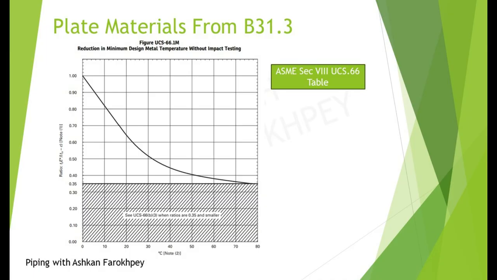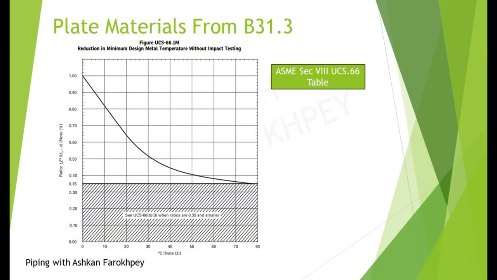If it was, for example, 0.7 for shell and head, we could use ASTM A516 grade 60 normalized material almost 16 or 17 degrees centigrade below minus 48 degrees centigrade determined in curve D of figure 323.2.2A. Then we could use that material at minus 62 degrees centigrade, which is our minimum process design temperature, without further impact testing.